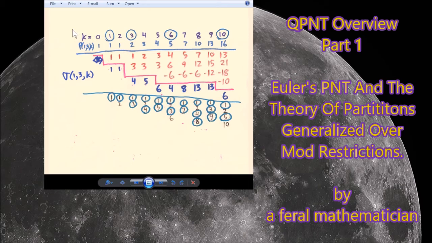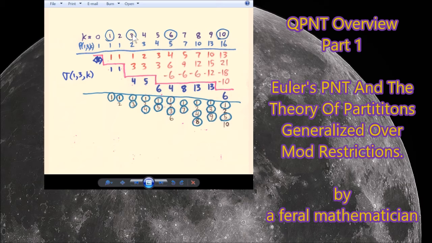Here is a sigma example. We'll take our k index and we'll circle every value of k that matches a value of the quadratic in question, here 1, 3, 6, 10, and take our sequence of the restricted partitions and then multiply it by the first one and add it starting in the first position.